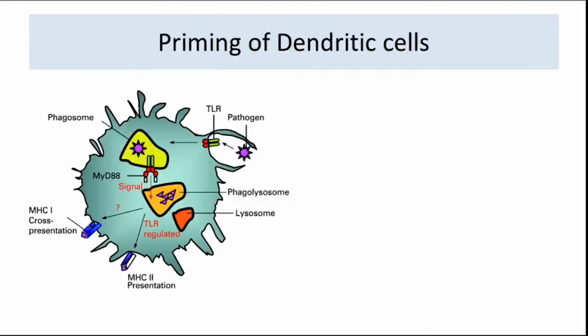Further to the identification of a pathogen, there is a priming of the dendritic cell. They undergo a specific maturation process, and during this maturation, you see what happens. This is the pathogen. The pathogen is being recognized by the dendritic cell.